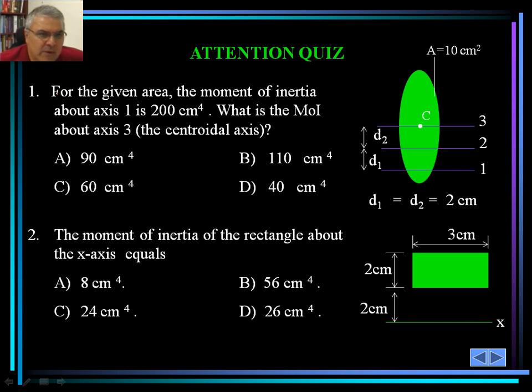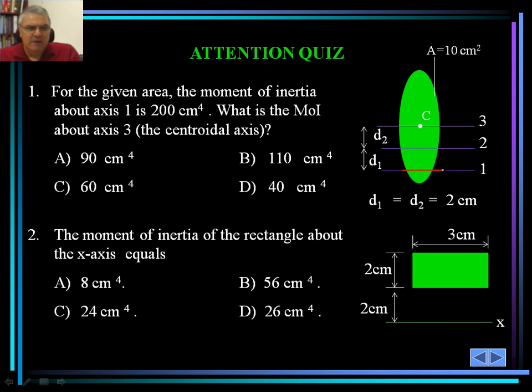So what is the moment of inertia about axis 3? We know the moment of inertia about axis 1 is 200 centimeter to the power 4, and we would like to find the moment of inertia about axis 3.